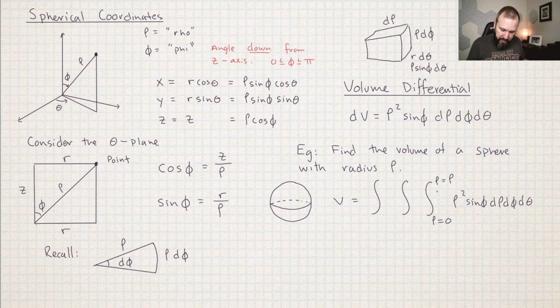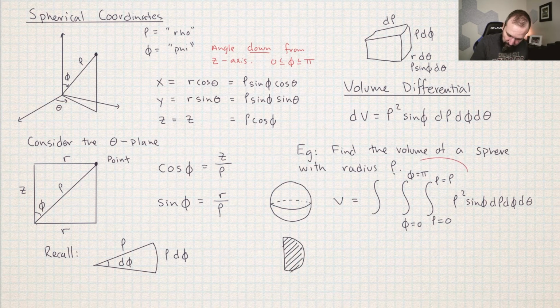And then the next one is phi. I already introduced this, but phi opens down in this direction. So all I'm going to do is go to pi. When phi goes from 0 up to pi, what that means is I have essentially made this half disk right here.